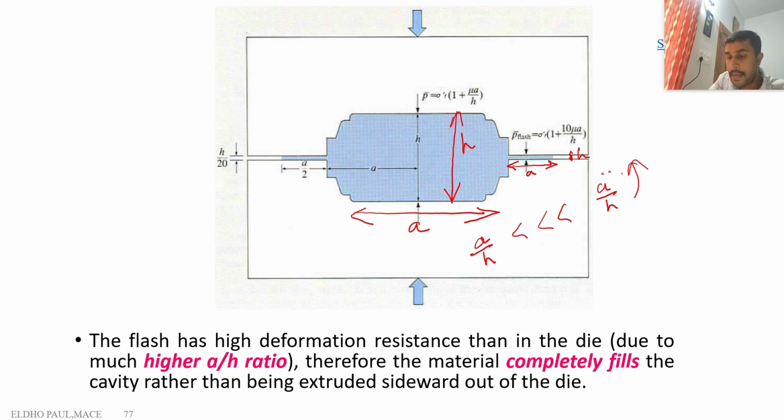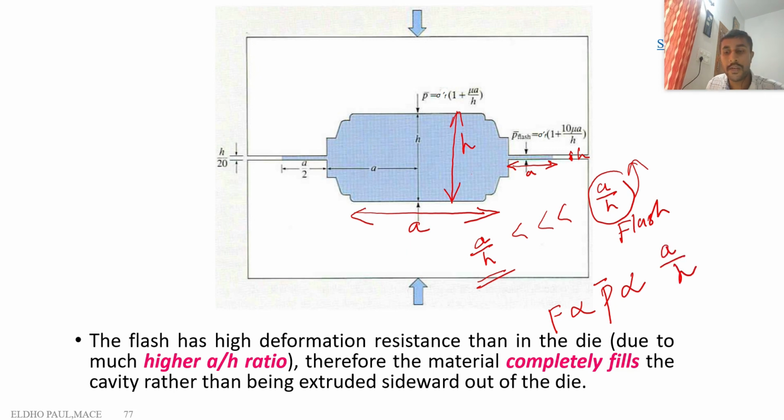We already discussed that the pressure or force requirement for deformation is proportional to A by H ratio. So in the flash area, a huge amount of force or pressure is required compared to the bulk area.